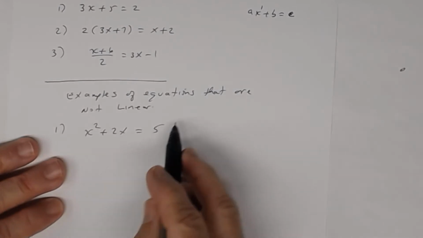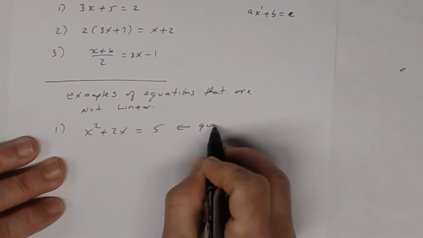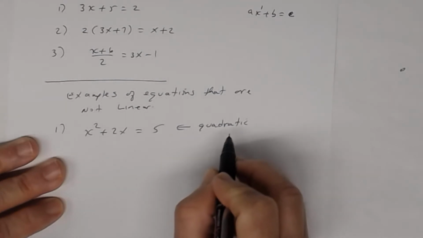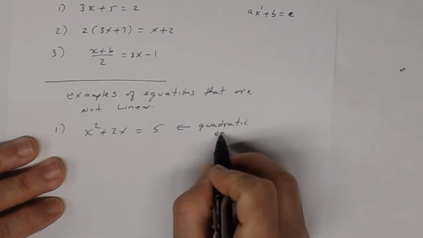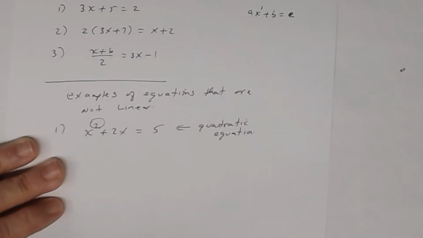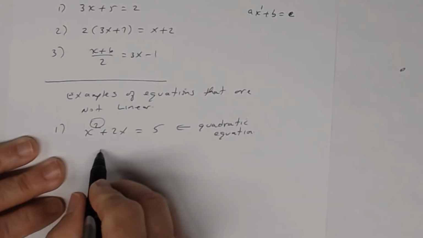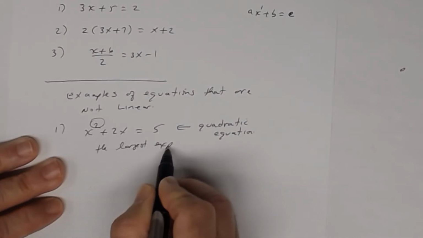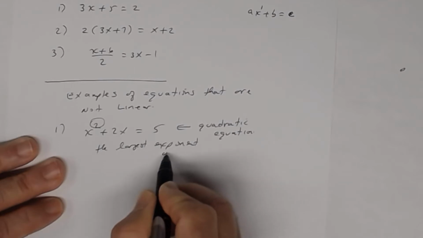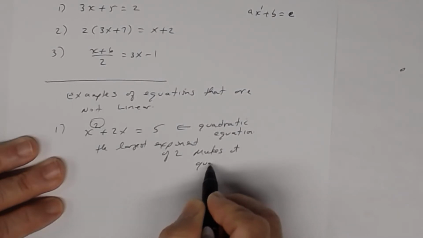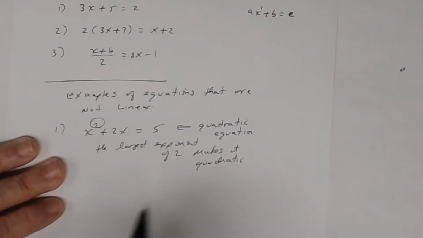So this, in fact, right here is a quadratic equation. And you're going to learn how to solve a quadratic equation later on in the course. So this is a quadratic equation because of this 2 right here. Okay, so that 2, the largest exponent of 2, makes it quadratic and not linear. Okay?